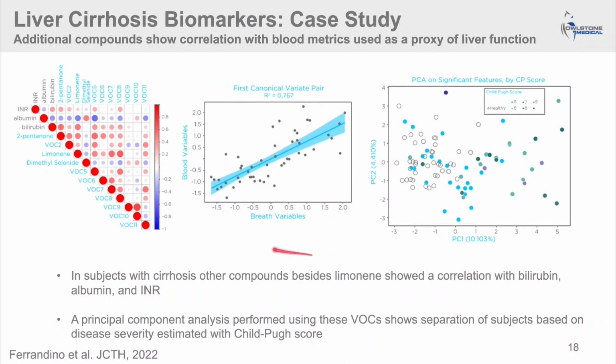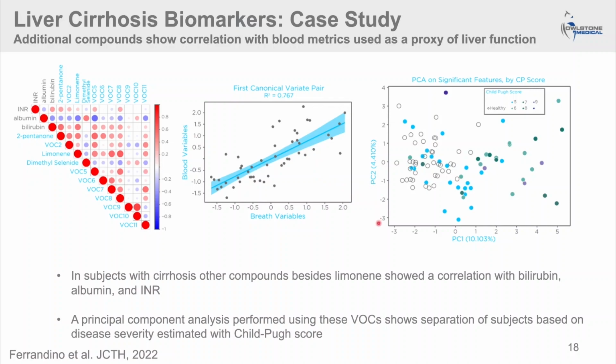So we further explored the correlation of these VOCs with the blood metrics, namely INR, albumin, and bilirubin, which are used as a proxy of liver function. For example, we can see here that limonene correlates positively with bilirubin and negatively with albumin. So we explored these correlations further using a canonical correlation analysis, and we can see that the blood metrics, INR, albumin, and bilirubin, correlate with the breath VOCs in the first dimension.